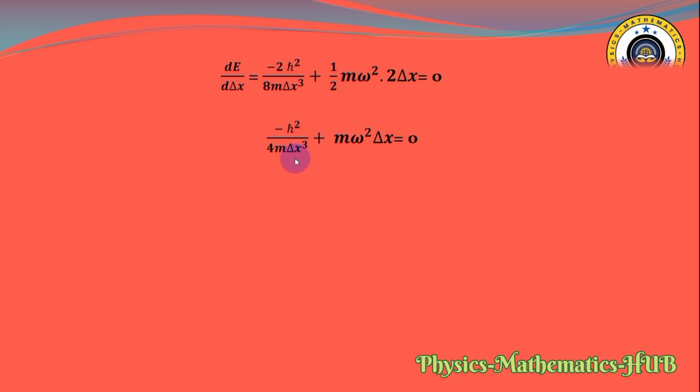After simplification, we get minus h cut square divided by 4m del x cube plus m omega square del x equal to 0. Further simplification gives h cut square divided by 4m del x cube is equal to m omega square del x.